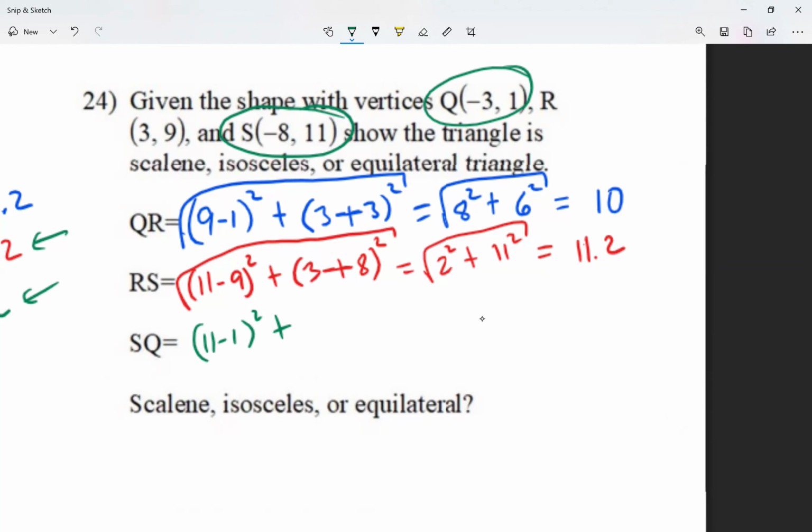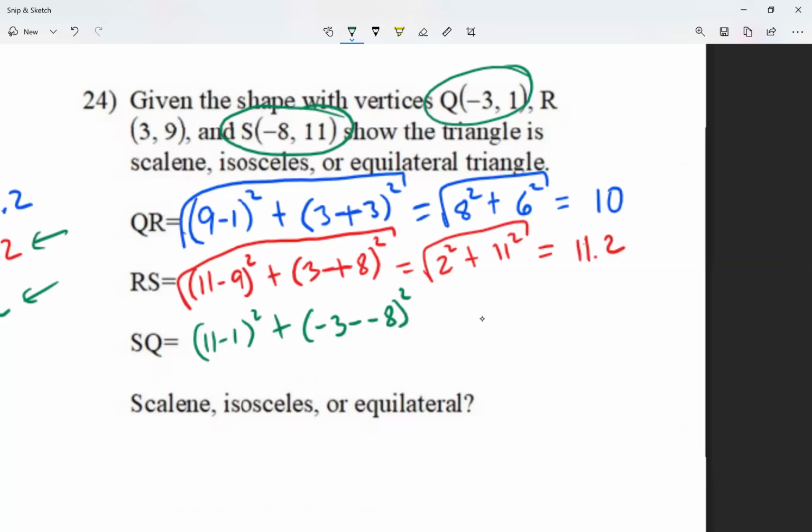I want to avoid negatives, so I'm going to start from the bigger one. Negative 3 is bigger than negative 8. So I'm going to write negative 3 minus a negative 8. Again, that is fine because if I don't switch the order, the only difference is going to be my sign, right? Positive or negative. But because I'm going to square it, it becomes positive either way. So it is fine to flip the order.